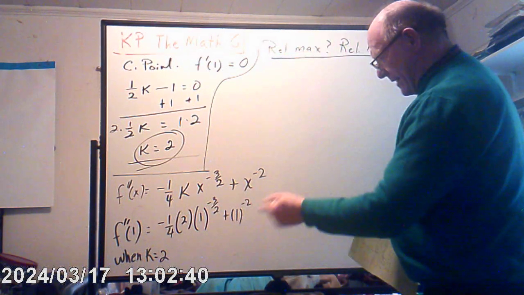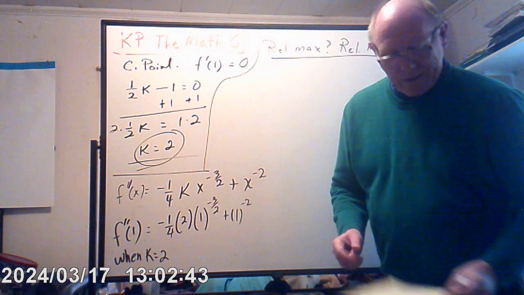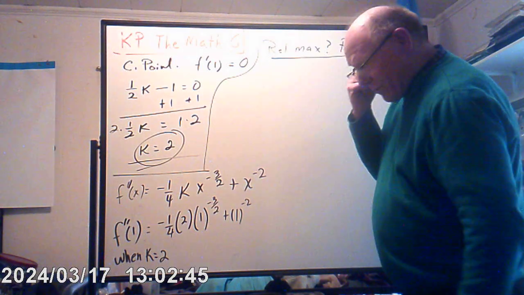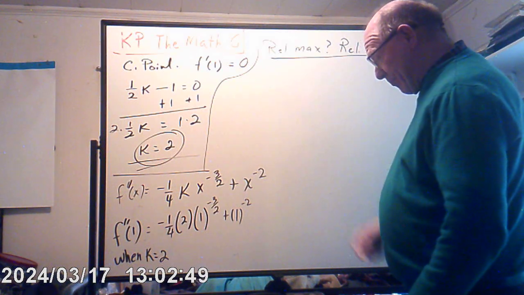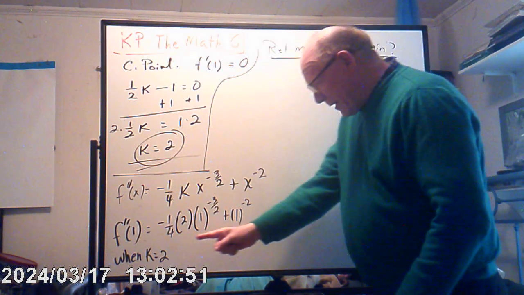Now remember, 1 to any exponent is just 1. Even 1 to the 0 is 1. Now let's see what we have here.